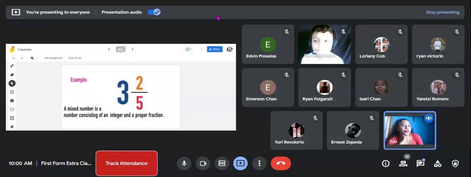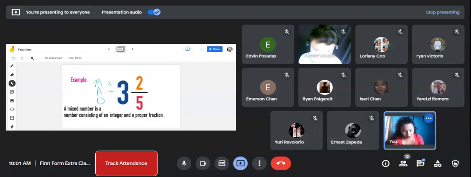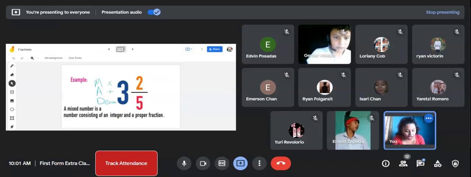If I have 3 2/5, I'm going to make this number mad. So I'm going to write my acronym MAD. I'm going to multiply, I'm going to add, and I'm going to use the denominator. I'm going to take the 3 and multiply it with the 5, and then add it to the 2.